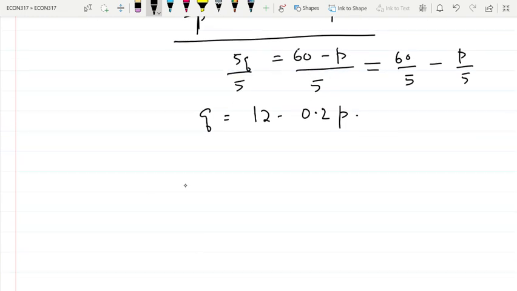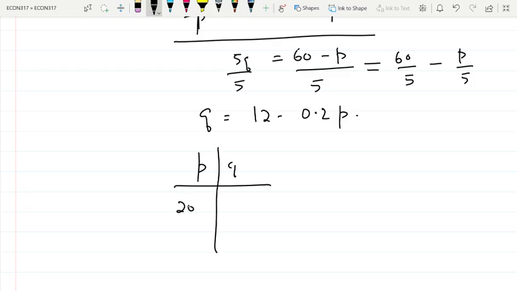Lastly, suppose we are given a table, data points, and then we are also given that the relationship between the price and quantity is linear. Then we can find out the demand function based on the data points. So let's take an example. I have P and Q here.